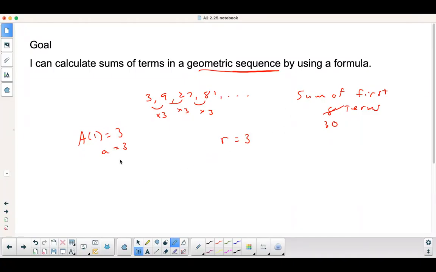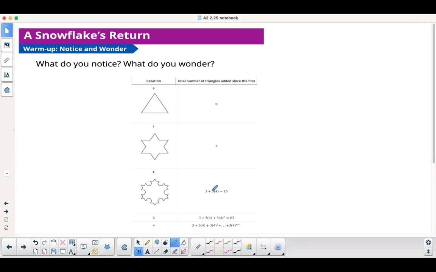So if I told you that there's a formula to do that for me, all you need to know is your common ratio, the first term, and the number of terms. So we'll say n would be 30, that's the number of terms. You could plug all that info in and find the total sum. Kind of useful.